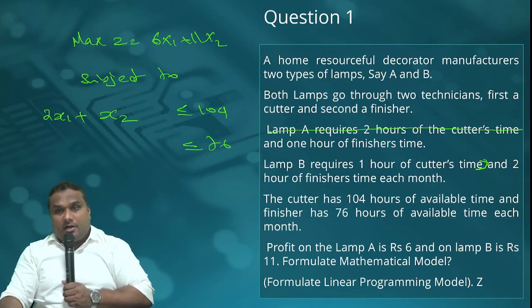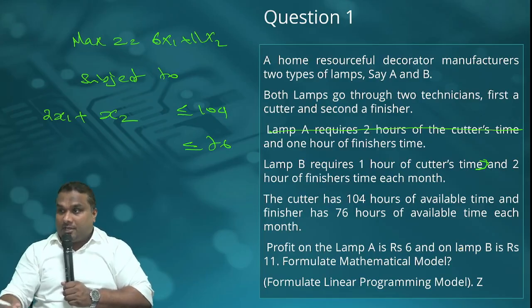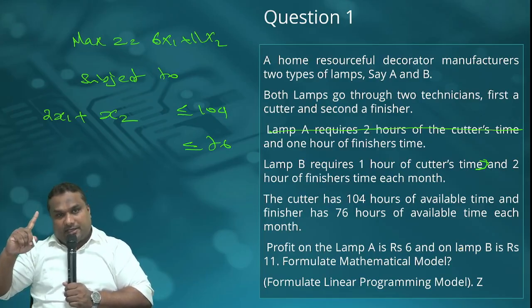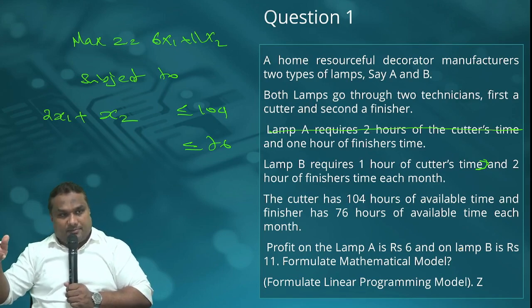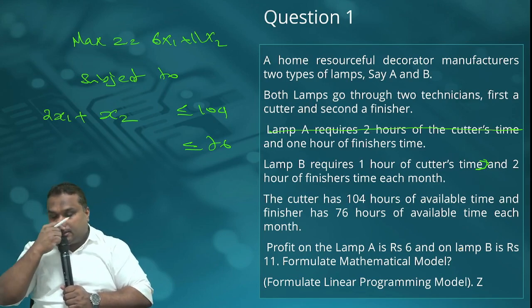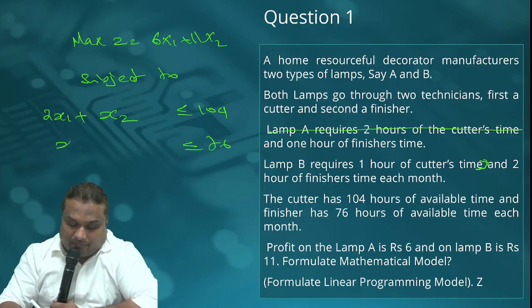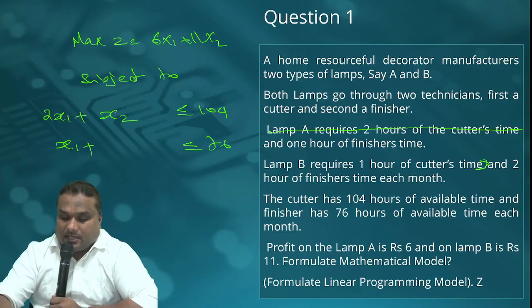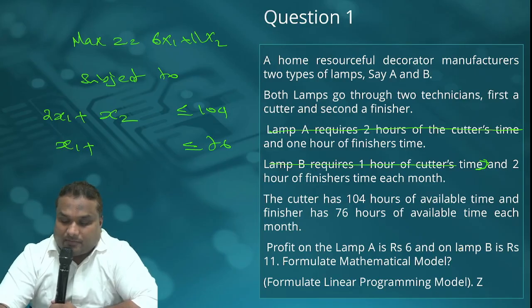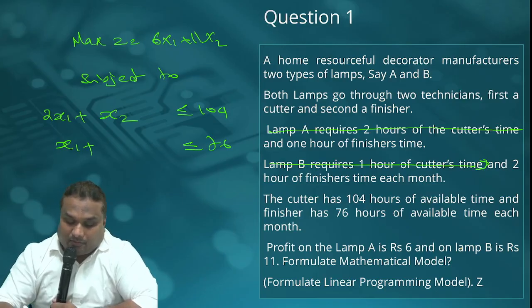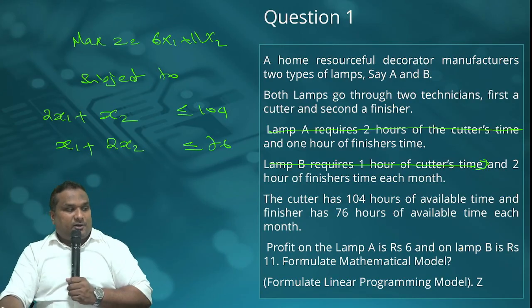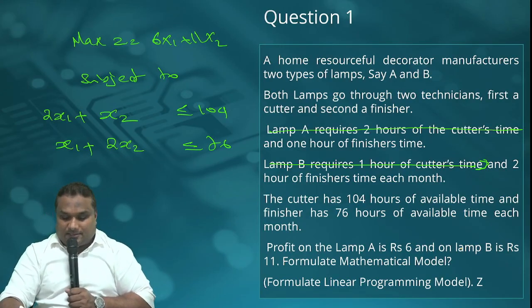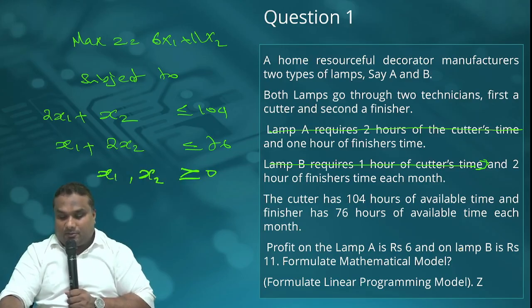No. 1 hour of finisher's time means x1. 2 hours of finisher's time means 2x1. 3 hours of finisher's time means 3x1. So 1 hour of finisher's time is x1. Lambier requires 1 hour of cutter's time and 2 hours of finisher's time. Deal or no deal?